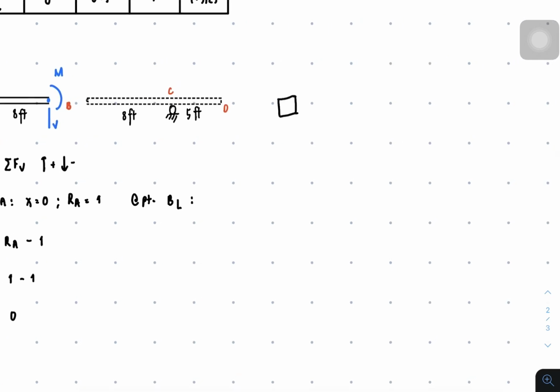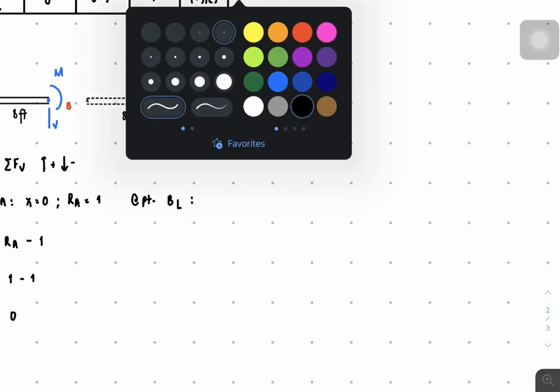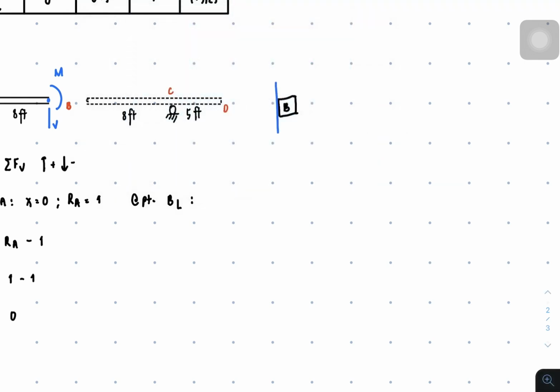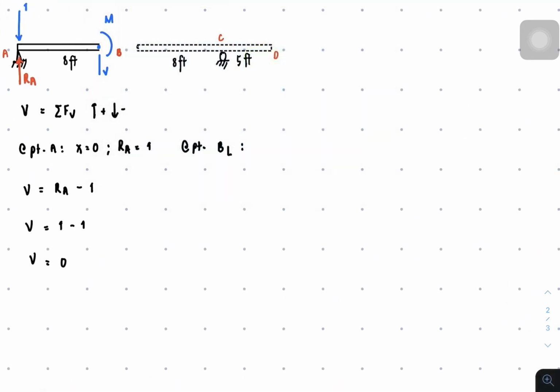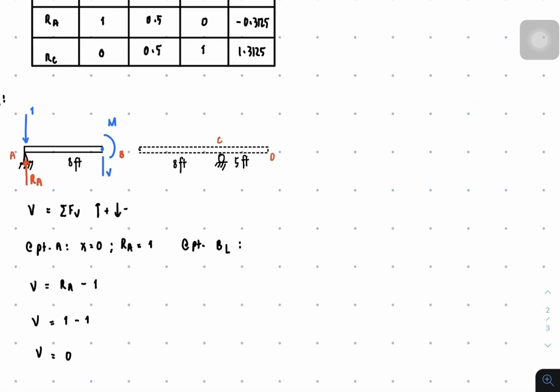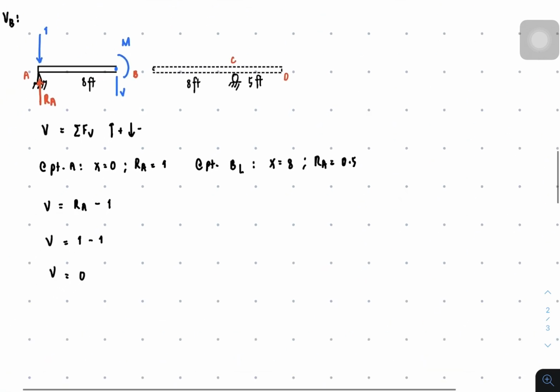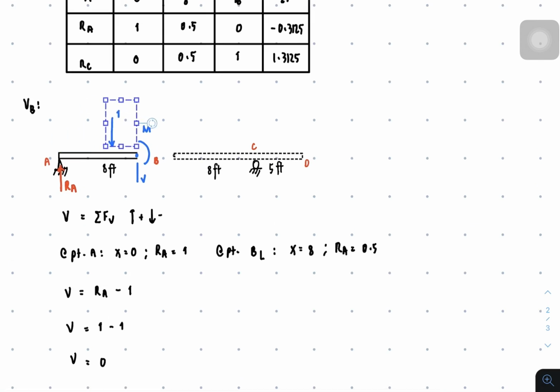Because we are actually cutting point B, and at point B, so for example this is point B, there is shear experienced. So as shown, the shear left of B is not the same as the shear right of B. I hope you get the situation at B. Okay, so we are still at point B, therefore RA is, X is equal to 8, so RA is equal to 0.5, and by that we're going to transfer this 1 unit load at the left side.